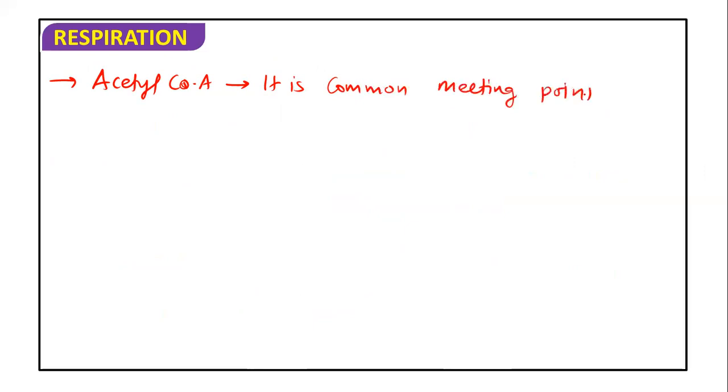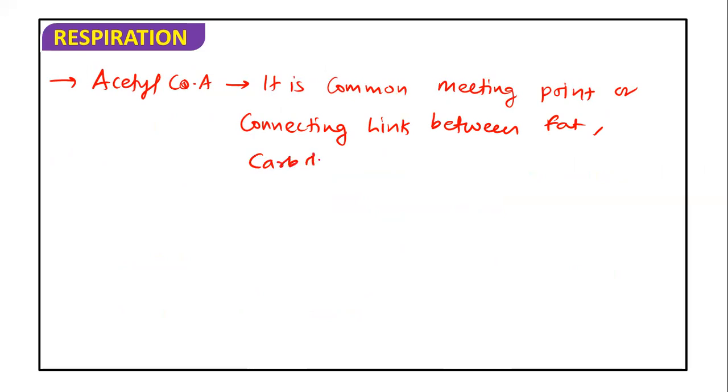Apart from this, we remember that acetyl coenzyme A, in the amphibolic pathway, is the common meeting point or connecting link between fat, carbohydrate and protein metabolism.